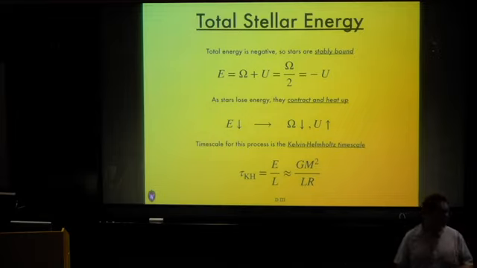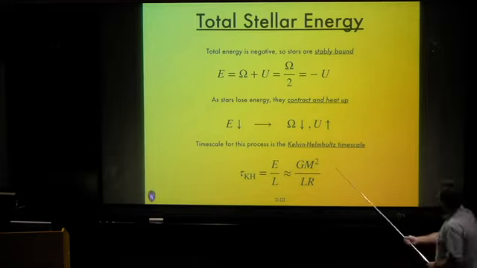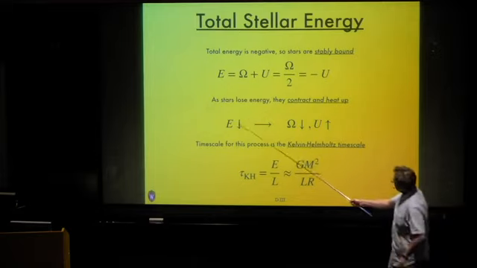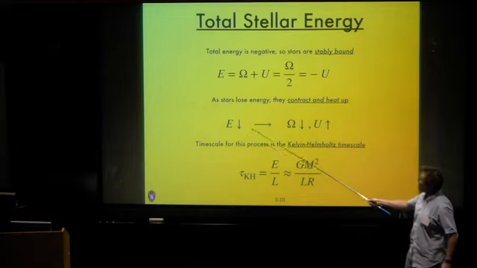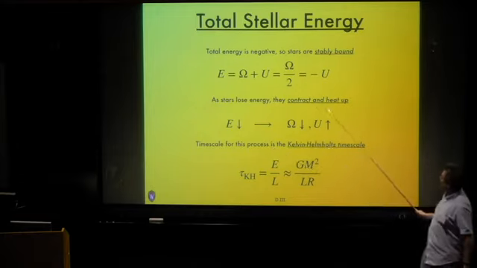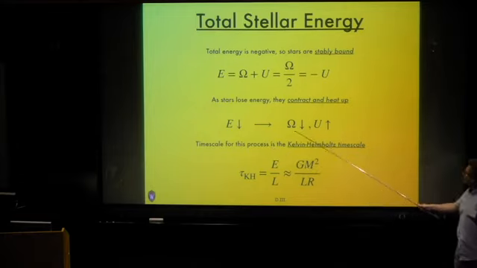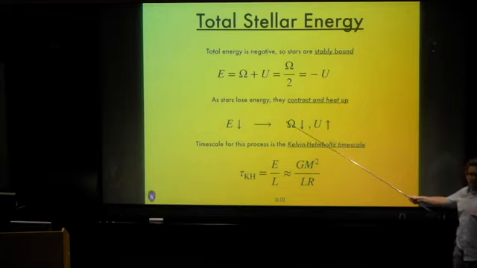And if the star has no way of replacing that energy, let's say for some reason the star doesn't have any nuclear reactions going on, then the total energy of the star has gone down. In fact, because that total energy starts out negative, it becomes more negative. So as a star loses energy, its total energy becomes more negative, and then from these expressions here, that must mean its gravitational binding energy must become more negative.